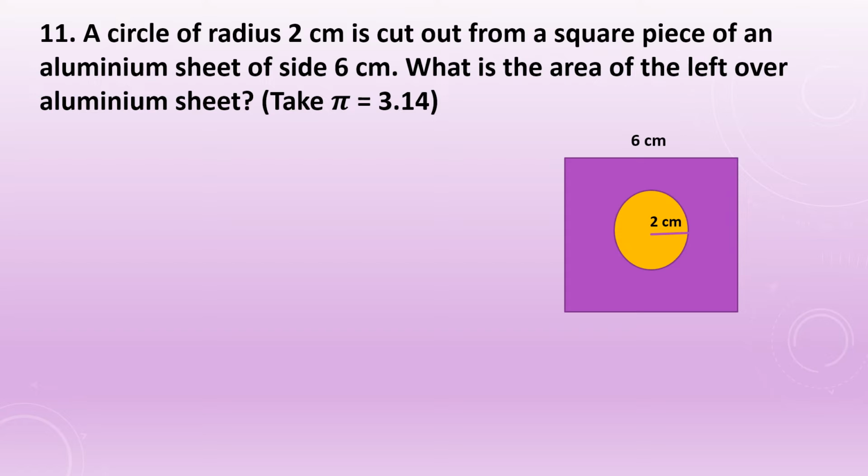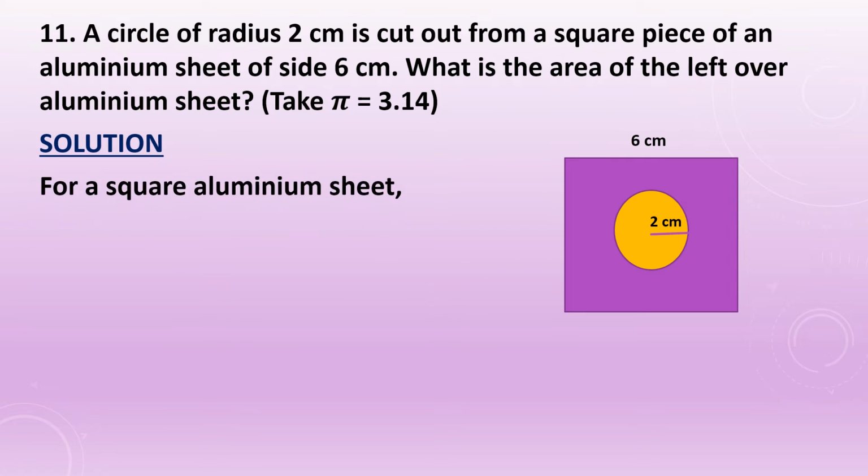A square piece of aluminium sheet with a side of 6 centimeter is given. The circle is drawn here using yellow color, whose radius is 2 centimeter. That is removed. How to get the area of the leftover sheet? Yes, first we can find the area of the aluminium sheet, that is of the square, minus the area of the circle.